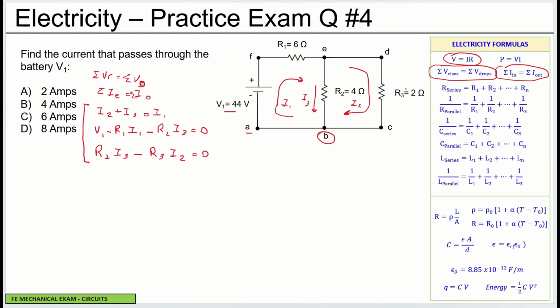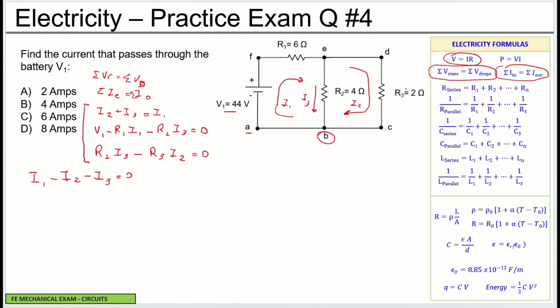We are going to put the numbers in here to simplify the calculations, and also rearrange the equations like a matrix, all together. The first equation is I1 minus I2 minus I3 equals 0.